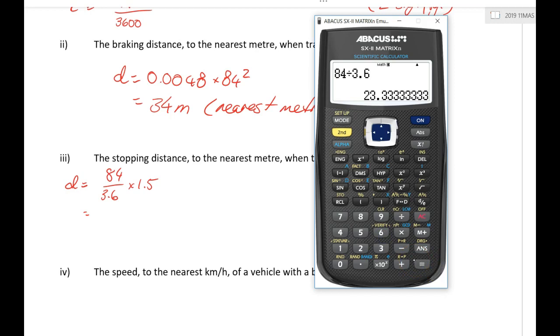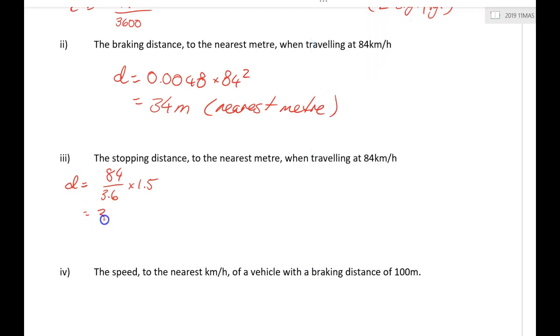It is important here that we use meters per second, times 1.5. So we're going to do 35 meters there. 35 meter reaction distance, and my stopping distance is that reaction distance plus my 34 meters braking distance, which equals 69 meters. That's quite a long way. 69 meters travelling at 84 kilometers per hour.